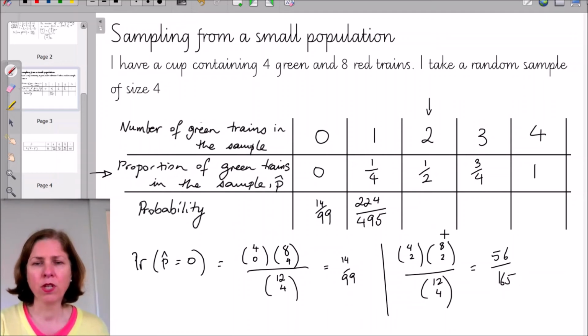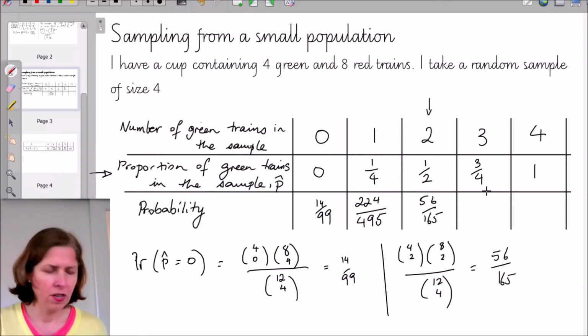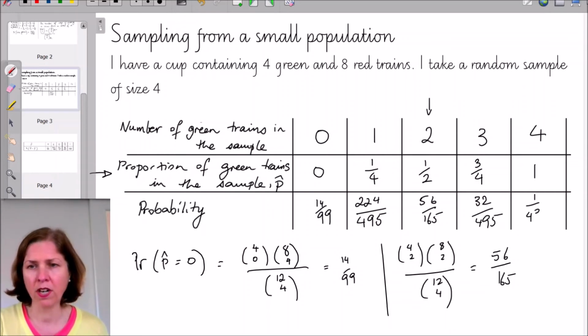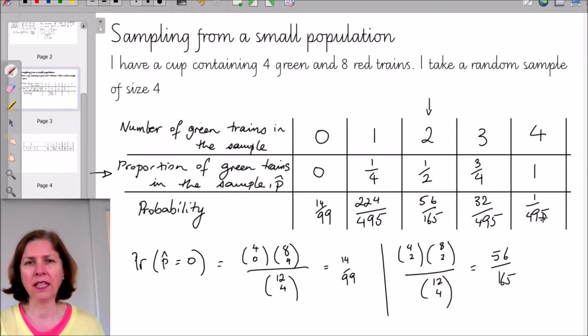I'm going to do each of those in that way. 56 over 165 goes here, and 32 over 495, and finally 1 over 495.